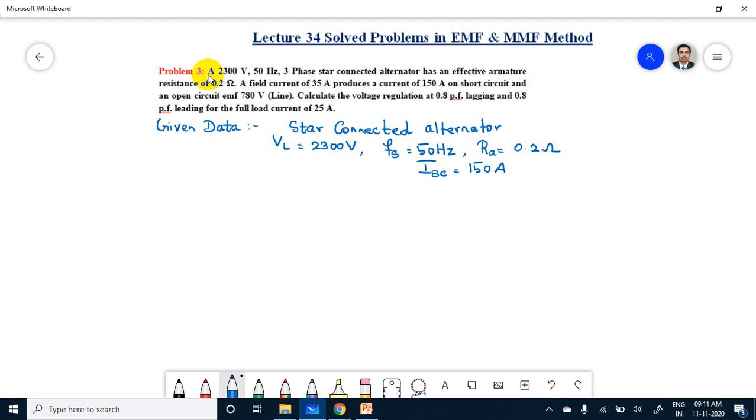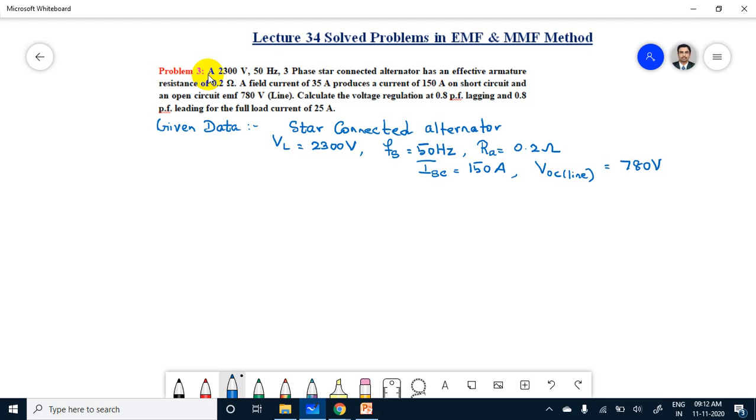Then the open circuit EMF, that is voltage, VOC, within a bracket you can mention line, equal to 780 volt. The line voltage is 780 volt, and the machine is star connected.